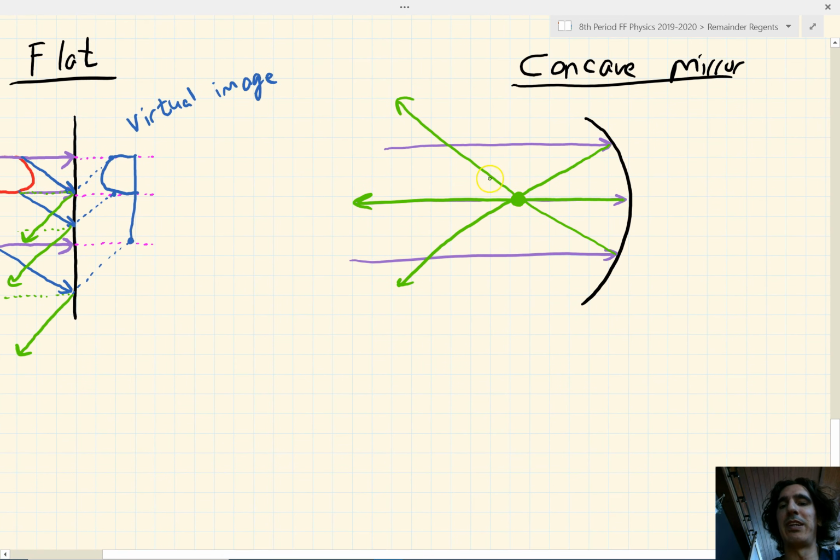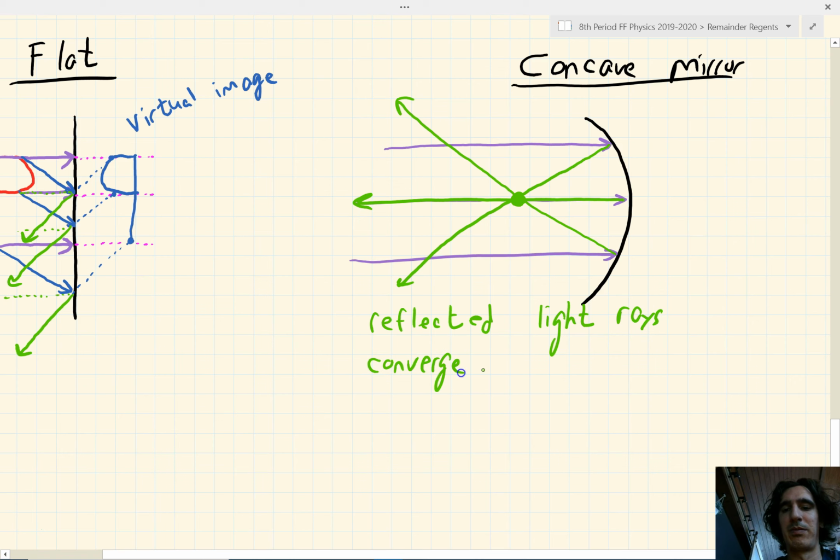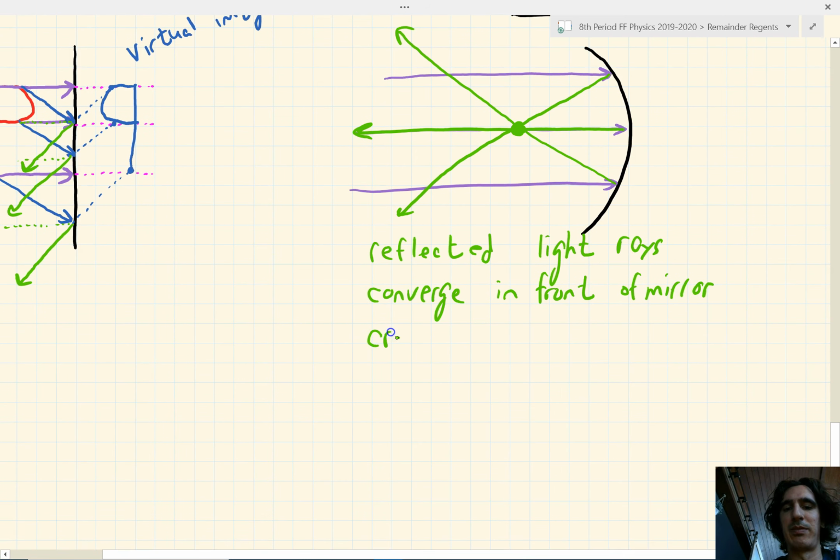In this case, because the reflected light rays converge in front of the mirror, that gives us a real image.